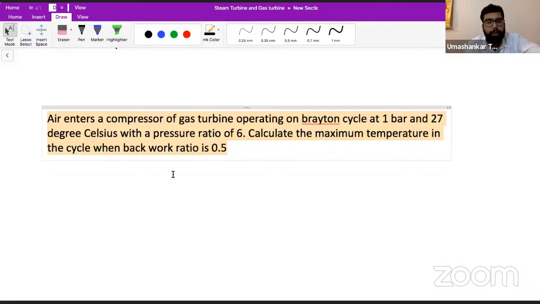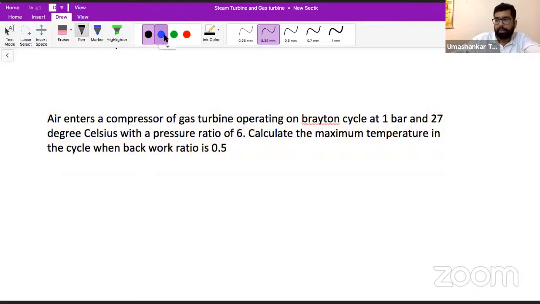So what is given in the question? Air enters a compressor of a gas turbine operating on the Brayton cycle at 1 bar, 27 degrees Celsius, with a pressure ratio of 6. Calculate the maximum temperature in the cycle when the back work ratio is 0.5.